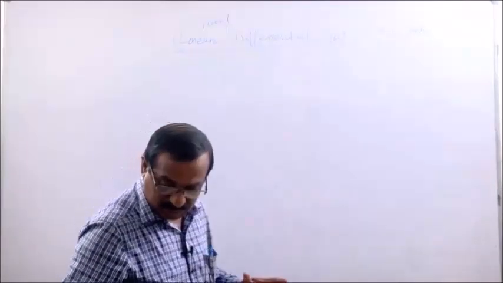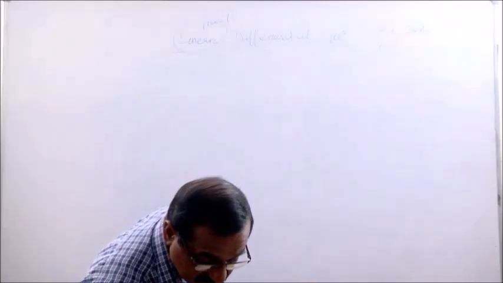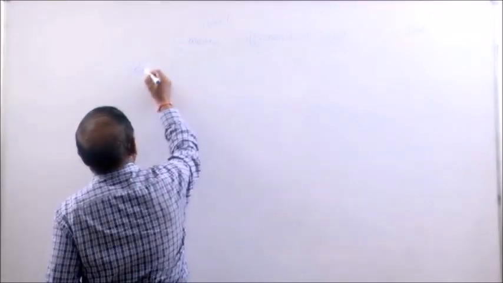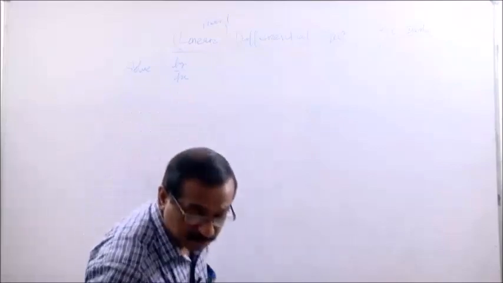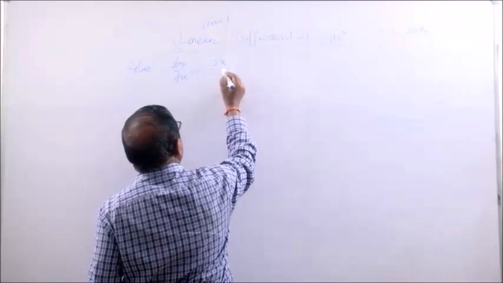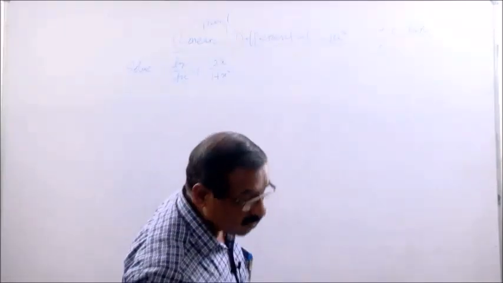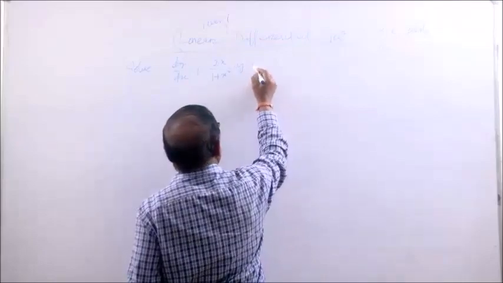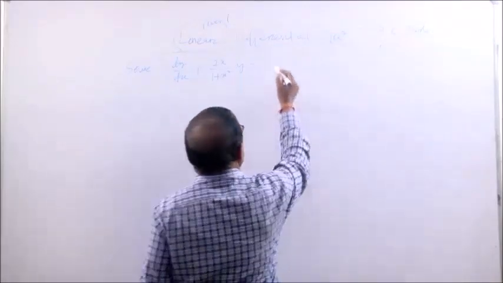You see, problem solving method, how you solve a problem. The question is like this: solve the differential equation dy by dx plus 2x by 1 plus x square y is equal to x cube by 1 plus x square.